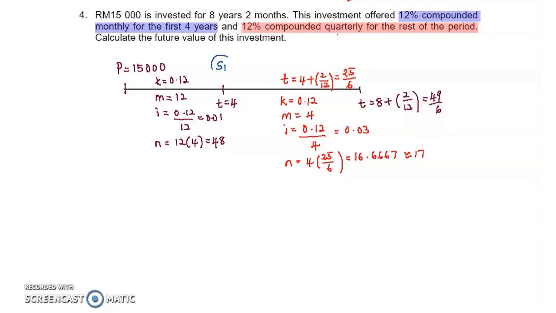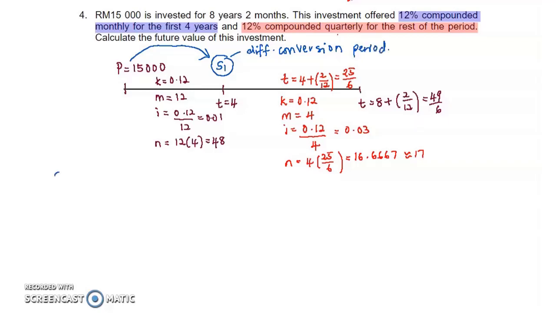Let's say I put S1. So what is S1? Future value of the original principal. Why do we calculate it here? Because we have different conversion periods. Or if you have a different rate also, you need to calculate S1 first.